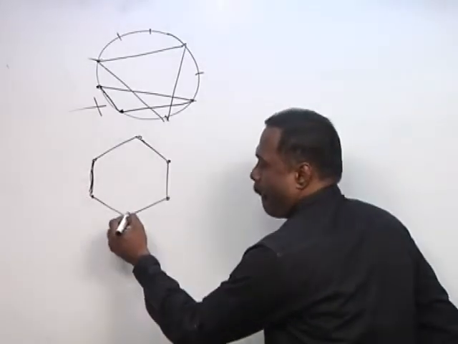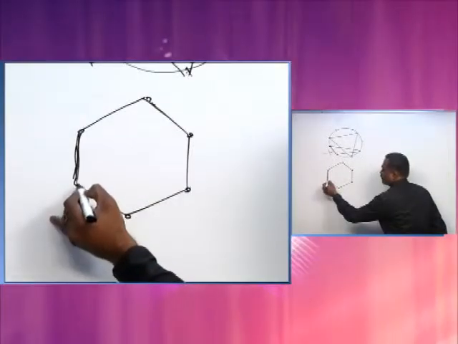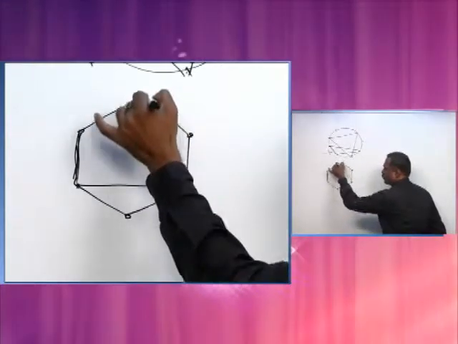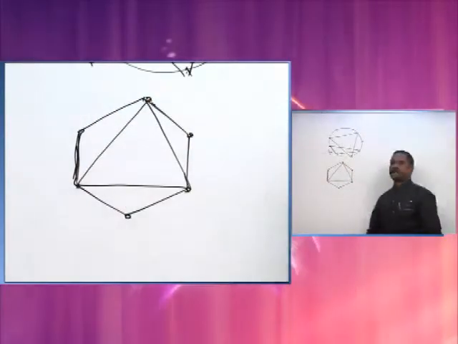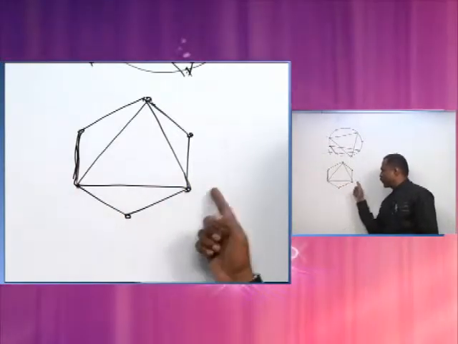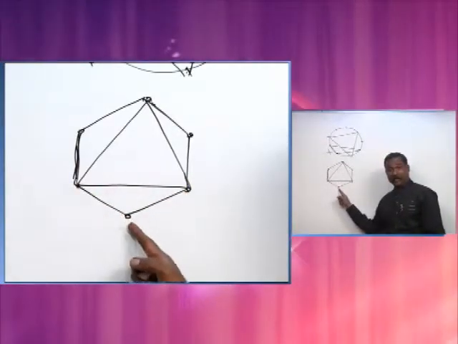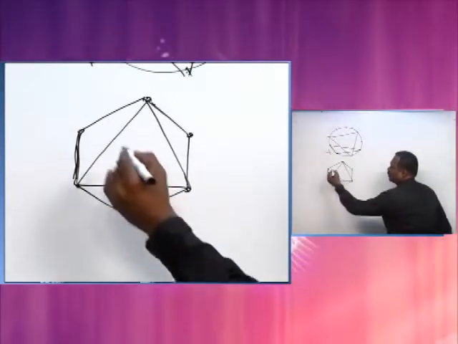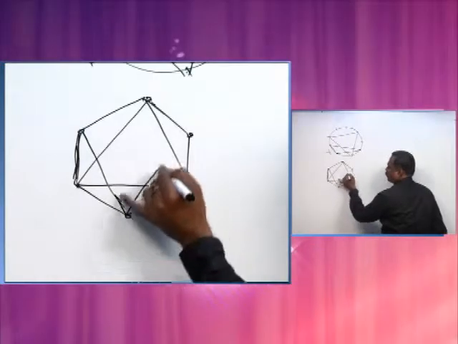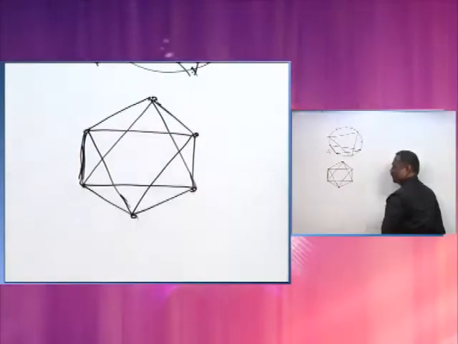That means if you draw this, this is one triangle which we need, because these two are not consecutive. In between them, one vertex is there. Now, if you see, this one is also needed.